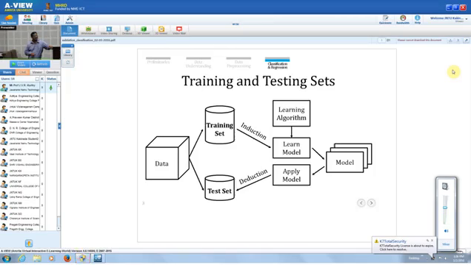You induce a model, you use a learning algorithm, you arrive at the model, you apply the model, and you test the deductions. That is how you do it. If it is good, you will fix this, or otherwise you will not bother about it. Do you agree? This is the total data set. Next slide, please.